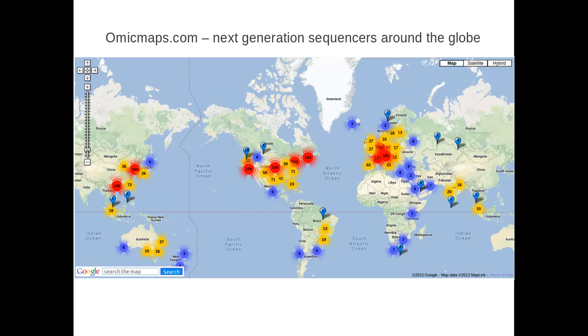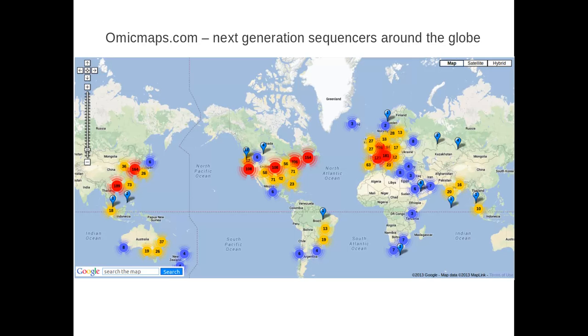I thought I'd start here with a map of the next generation sequencer distribution across the planet. Here you can see 306 sequencers in the northeast of the United States. That's heavily skewed by the Broad Institute at MIT. I think we're almost to 100 here in New York City, but I don't think we're there yet.